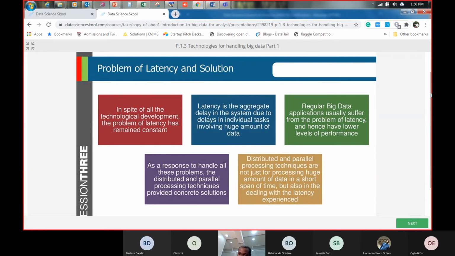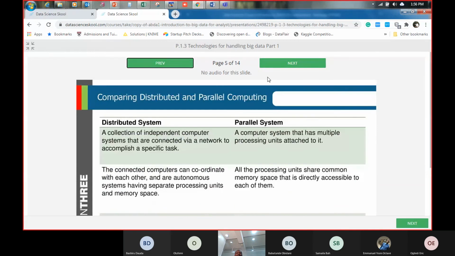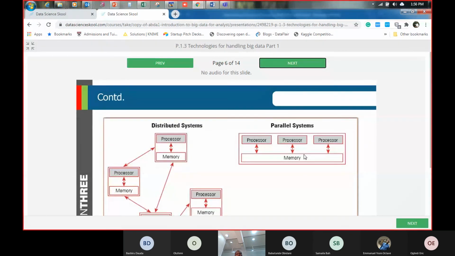So let's go back to this diagram. If you decide to connect a parallel system into a distributed network, you may be able to solve the problem of latency.